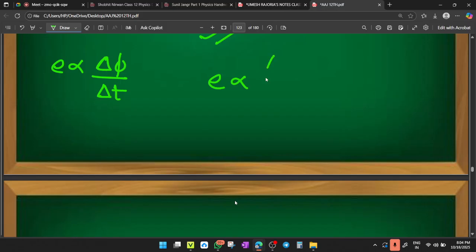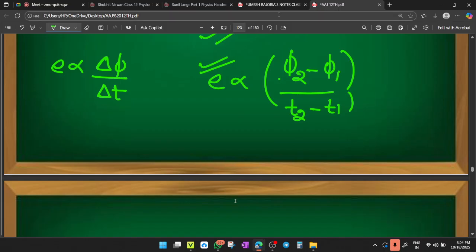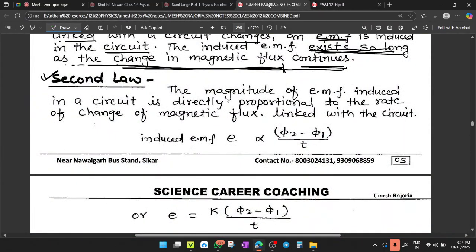Delta phi is equal to phi 2 minus phi 1, where phi 2 means final flux and phi 1 means initial flux, and the time is T2 minus T1. This is Faraday's second law. The magnitude of the induced EMF is directly proportional to the rate of change of magnetic flux. Very important: I am not talking about the direction, I am talking about the magnitude.